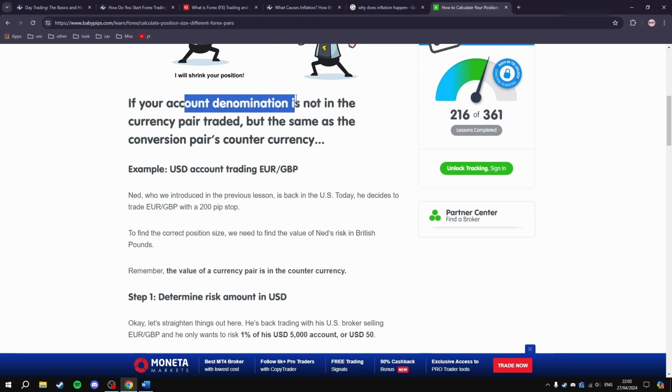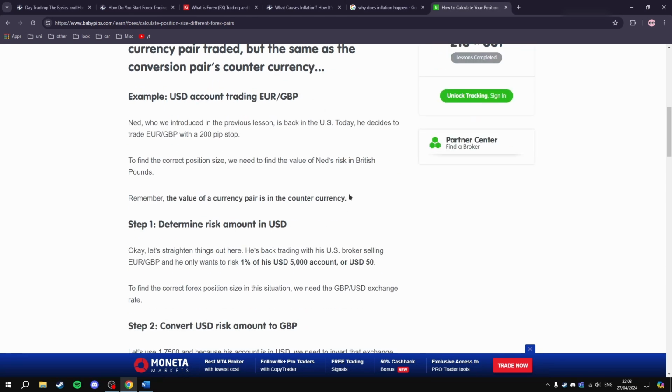If your account denomination, so you have a USD account, is not in the currency pair traded, but the same as the conversion pair's counter currency, this uses GBP USD, so he's going to convert his USD into GBP. He's going to sell his USD to get GBP, and then sell the GBP to get EUR.